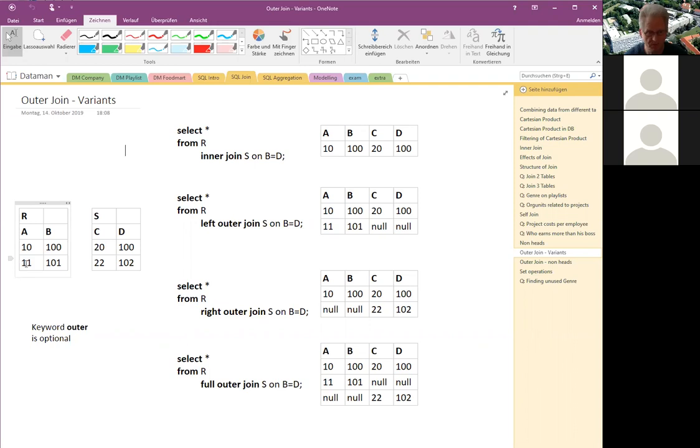We remember 11, 101 is not connected to any record on the other side, and therefore it's not in the inner join. But in the outer join, that is the effect of the outer join. Since it has no connection to table S, we don't have any corresponding values for C and D, and therefore we get null values here.